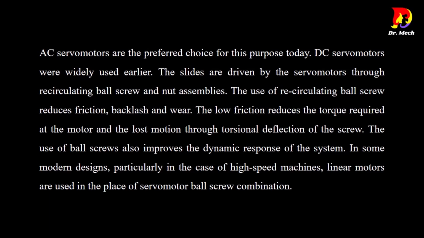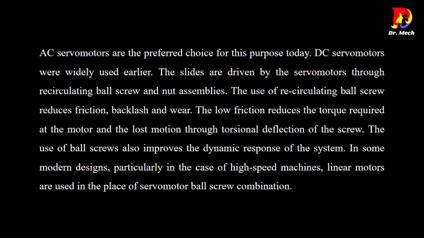The use of recirculating ball screws reduces friction, backlash, and wear. The low friction reduces the torque required at the motor and the lost motion through torsional deflection of the screw. The use of ball screws also improves the dynamic response of the system.